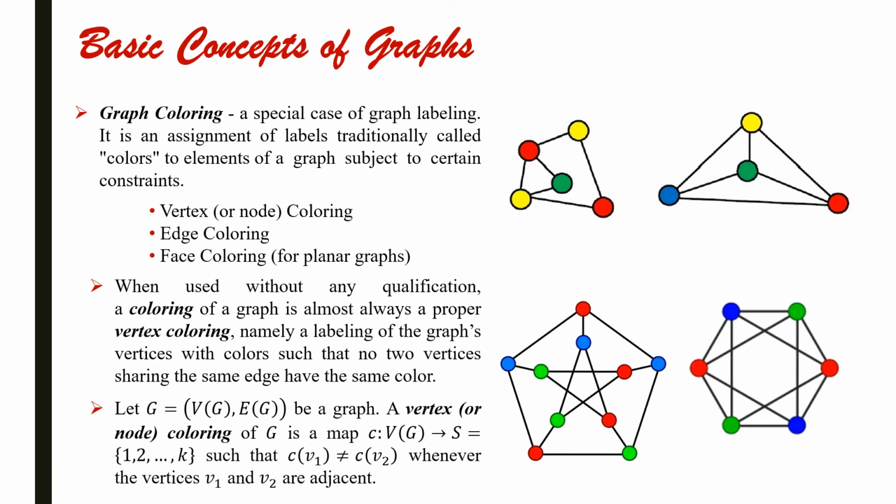We may also define a vertex coloring of a graph G to be a mapping C from the vertex set of G to a set S containing the integers 1 to k such that the image of V sub 1 is not equal to the image of V sub 2 whenever the vertices V sub 1 and V sub 2 are adjacent.